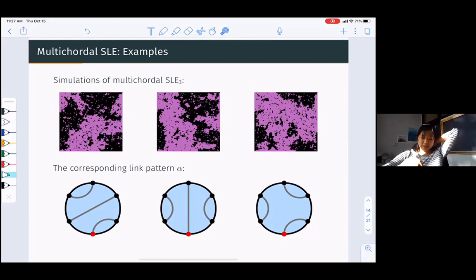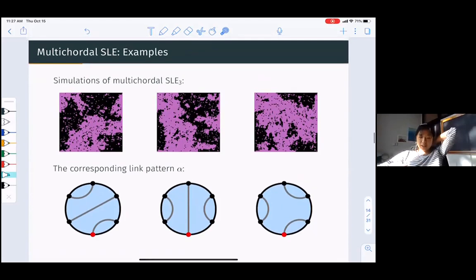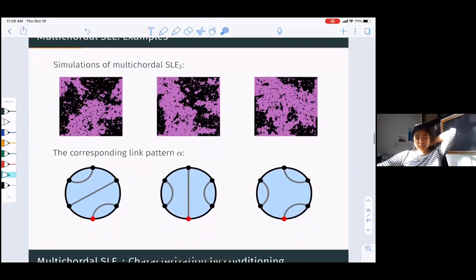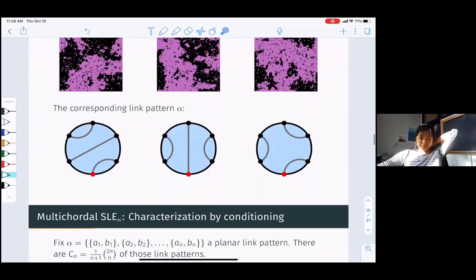SLE 3 here. So in the multichordal case, there are more choices in how the 2N boundary points will be paired together. Here we just illustrate some link patterns.